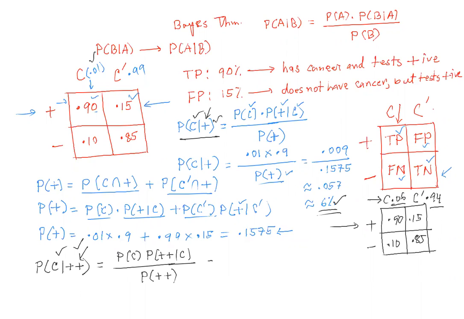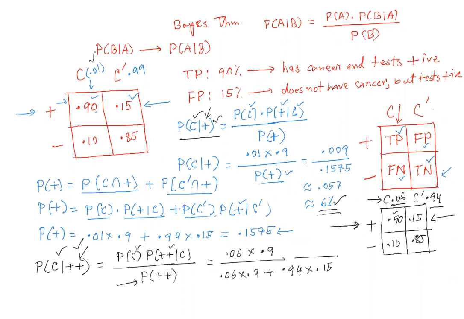And probability of having cancer is 0.06 times the probability of testing positive, given the person has cancer, we are assuming that it's 0.9 still. And probability of testing positive twice, so it's gonna be this first row. You can have cancer and test positive, which is 0.06 times 0.9, plus you can not have cancer, 0.94, and still test positive, which is 0.15.